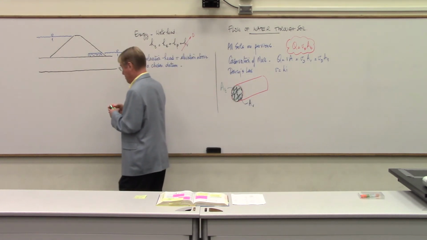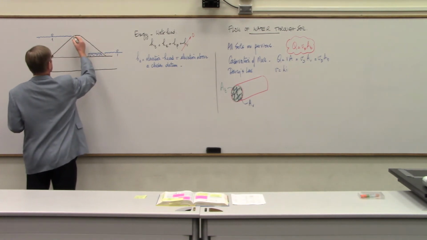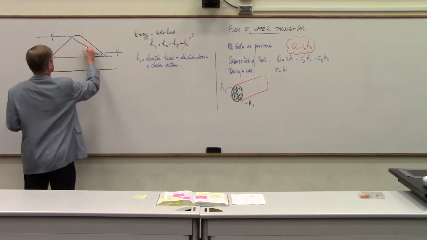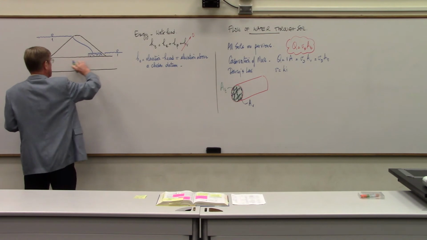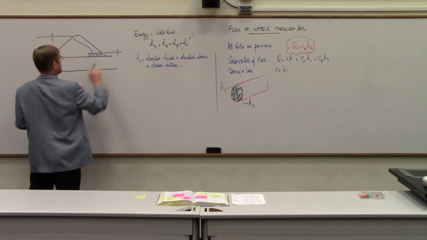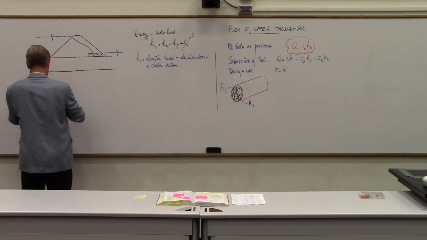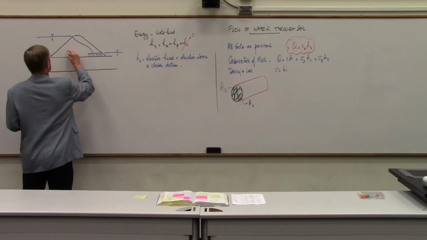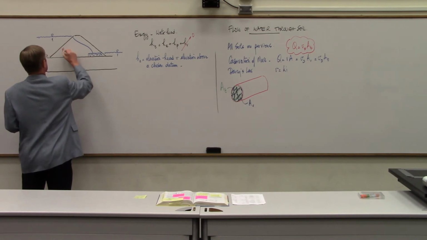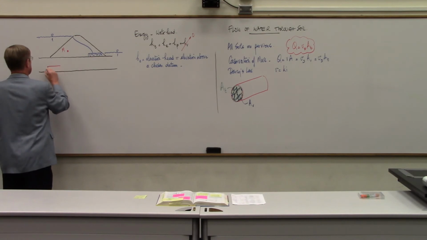So if the water flows, and we'll see how to do this later, if the water flows something like this through the dam, so it goes like that, it goes underneath, and it ends up right there. So let's say that I pick a point randomly inside the dam. I'll call it point M. And I choose a datum right here.